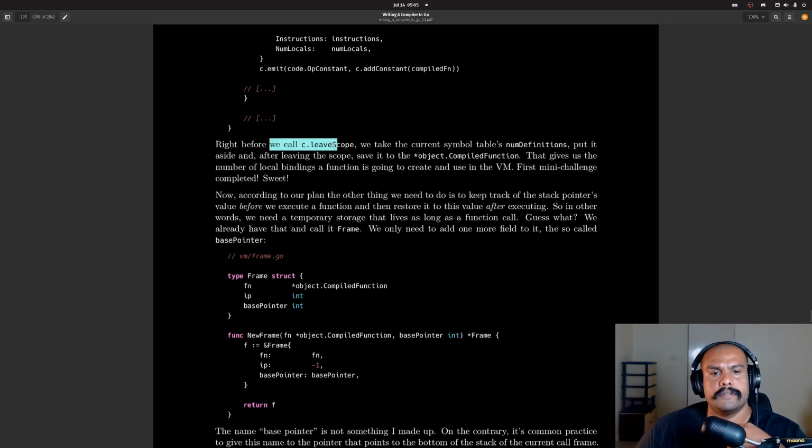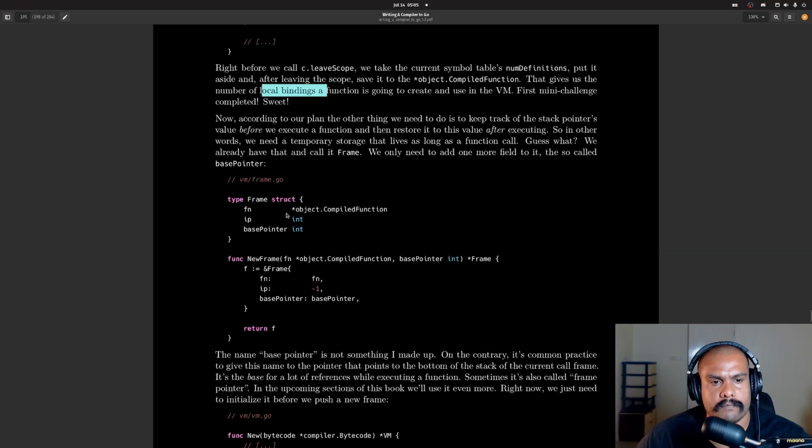Right before we call c.leaveScope, take the current symbol table's NumDefinitions, put it aside, and after leaving the scope, save it to the object.CompiledFunction. That gives the number of local bindings a function is going to create and use in the VM.